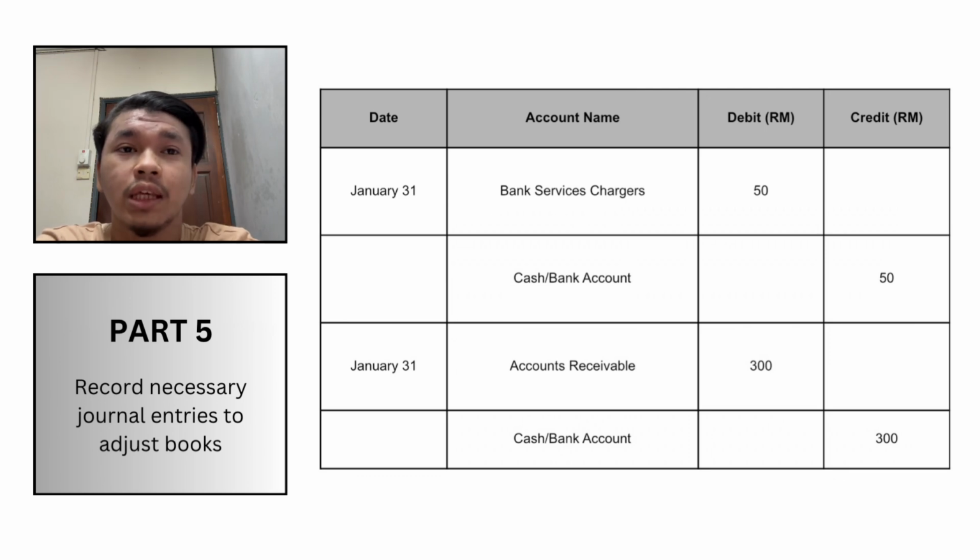This reflects the bank fees incurred. The second record is 300 ringgit as a debit to accounts receivable and a credit to the cash at bank account, indicating a payment made towards outstanding receivables. These entries ensure accurate tracking of expenses and also the cash flows.